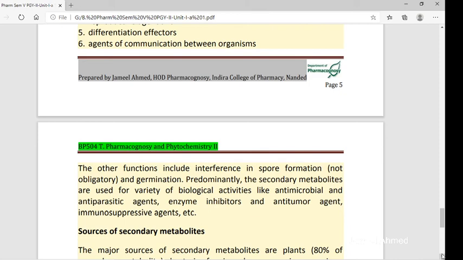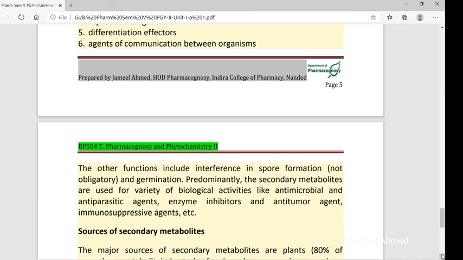The secondary metabolites are used for a variety of biological activities. Antimicrobial agents kill microorganisms or are effective against them. Anti-parasitic agents are used to kill parasitic organisms.